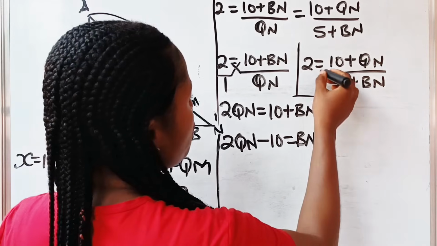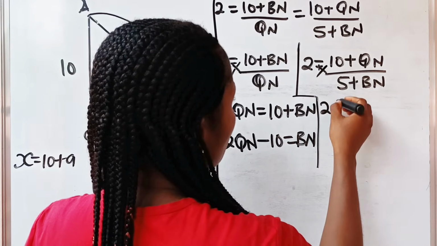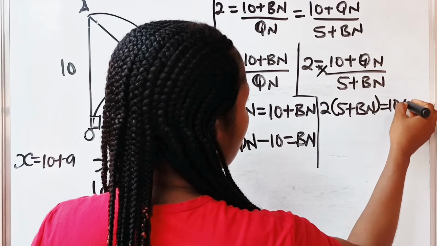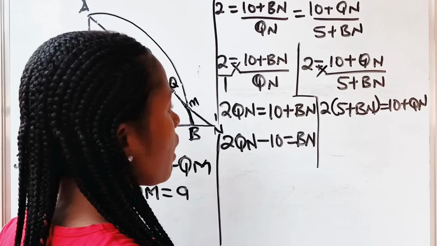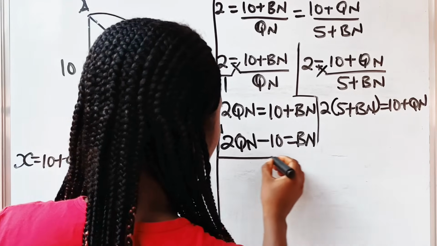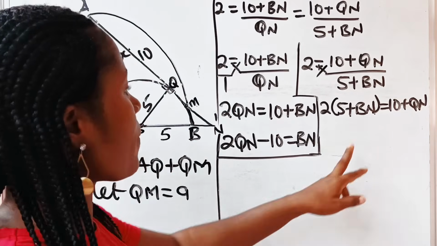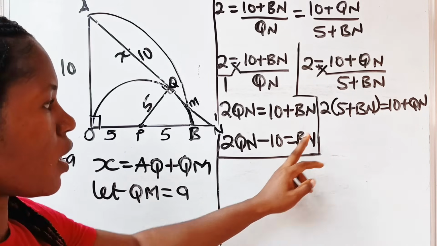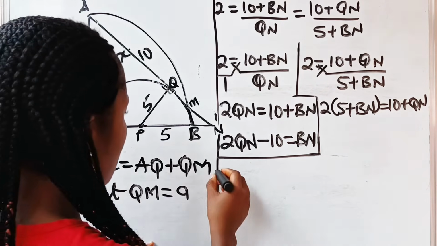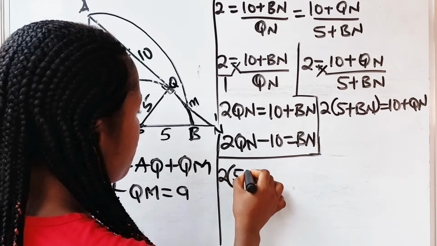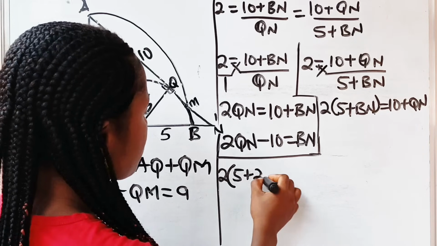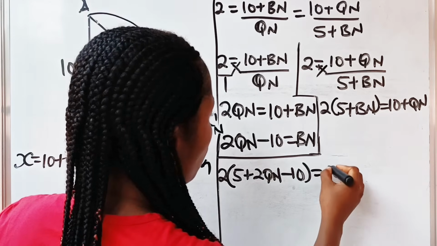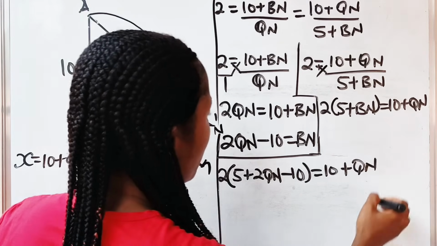For this side, if we cross multiply, we have 2 bracket 5 plus BN is equal to 10 plus QN. Now remember that your BN is equal to 2QN minus 10. So we can now write this as 2 bracket 5 plus 2QN minus 10 is equal to 10 plus QN.